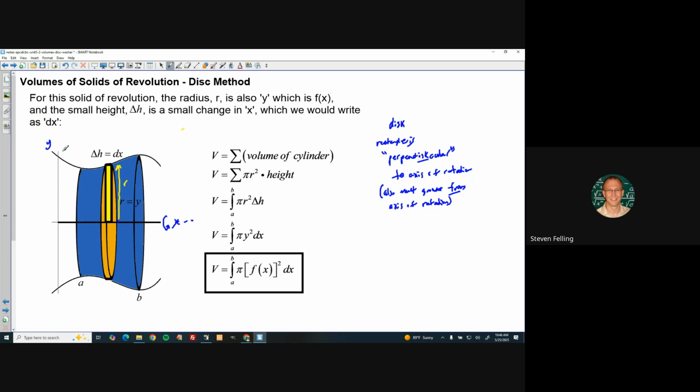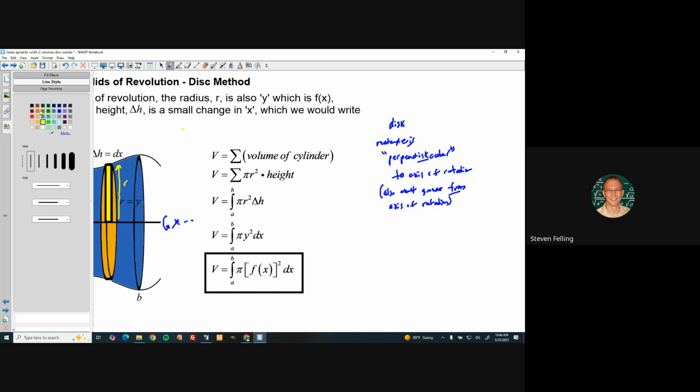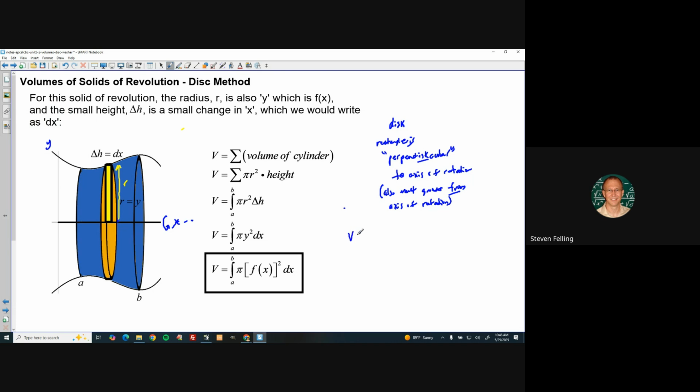All right, so what I'd like for you to memorize is this formula. The volume for the disk method is an integral from a to b of pi r squared times a little change in height. As compared to the area between curves, which was a height times a little change in width.